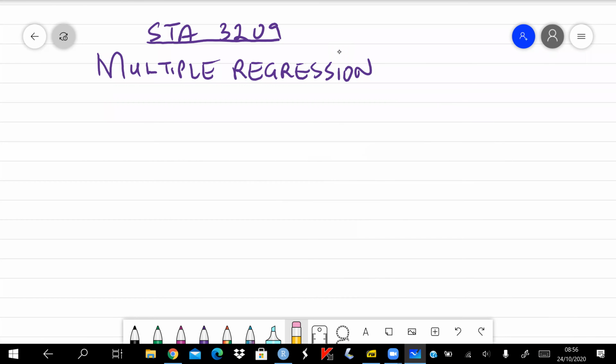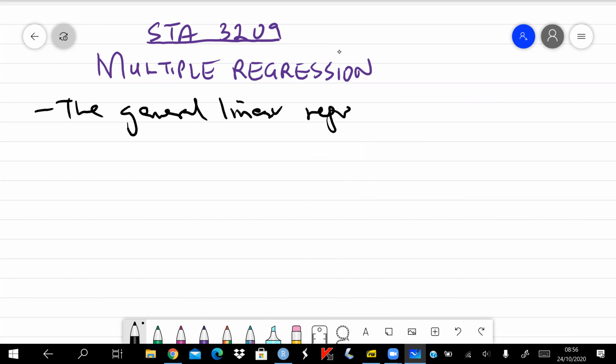So let's start by saying that the general linear regression, we are calling it general because now we are not restricting ourselves to just one explanatory variable. We can have as many explanatory variables as possible.